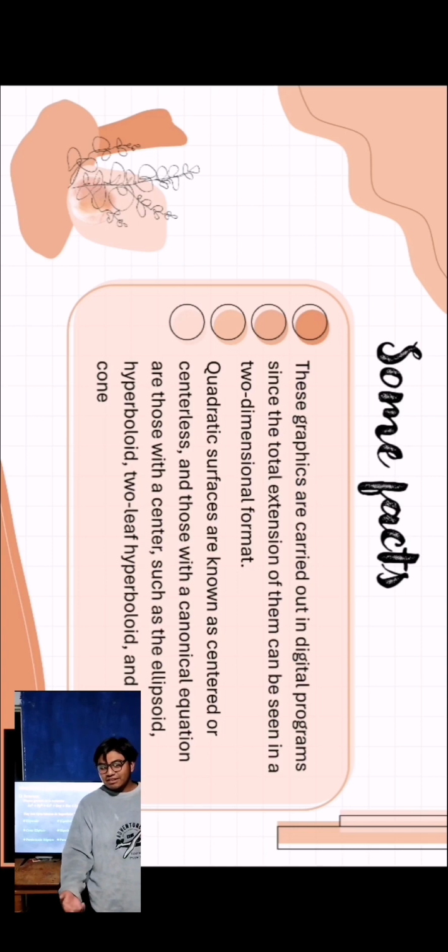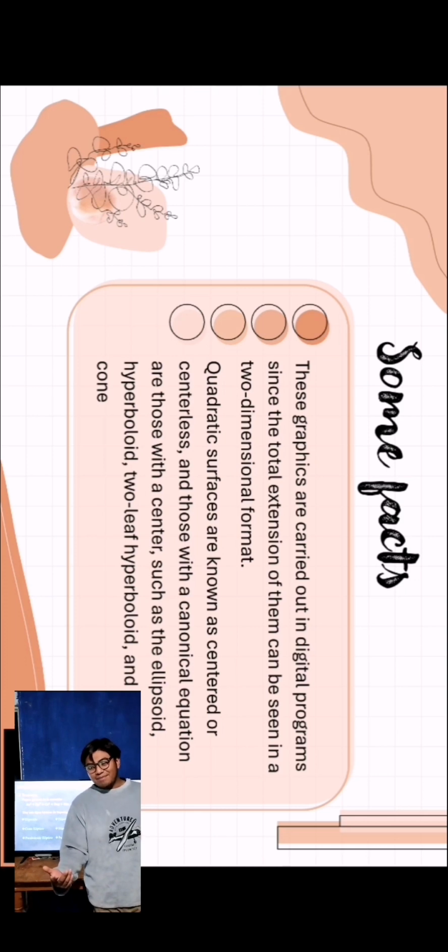Since the capital letters are all constants, this equation is difficult to manipulate, so it is derived into canonical forms. These graphics are carried out in digital programs since their total extension can be seen in two-dimensional format.